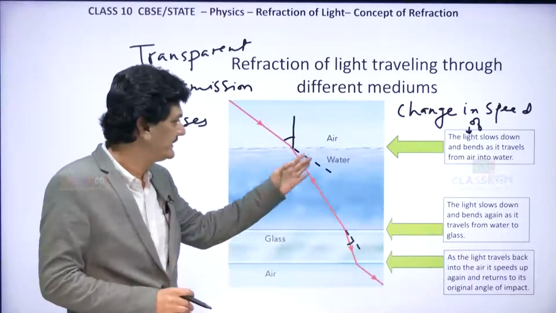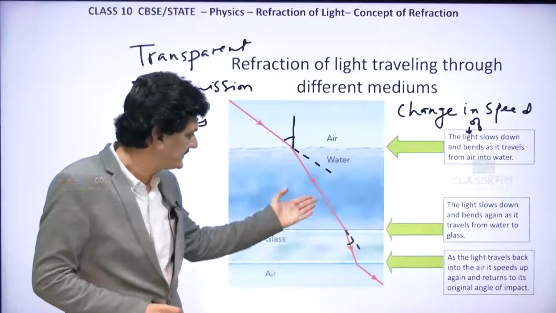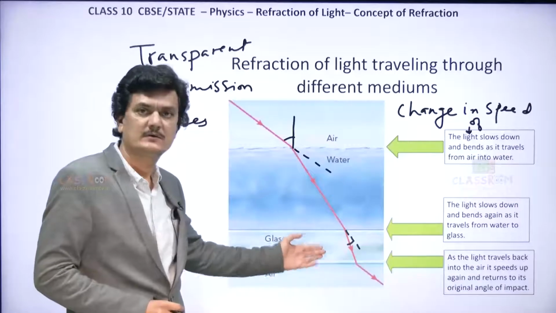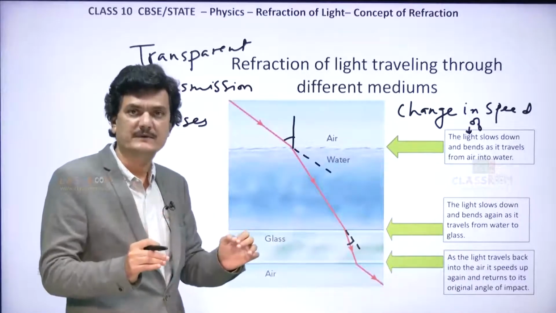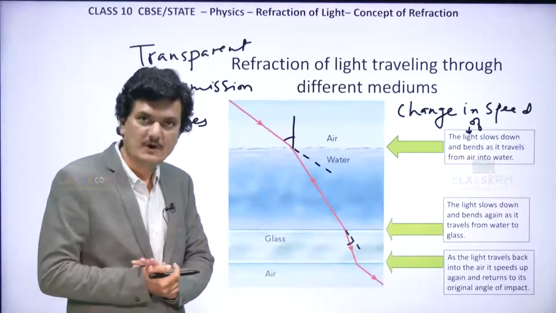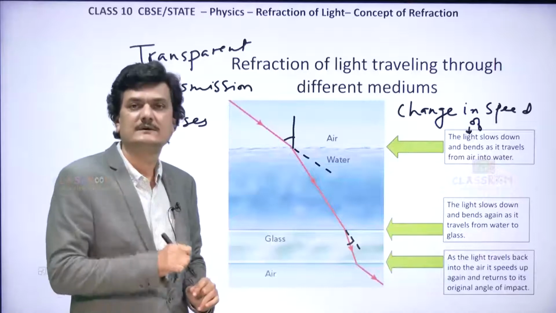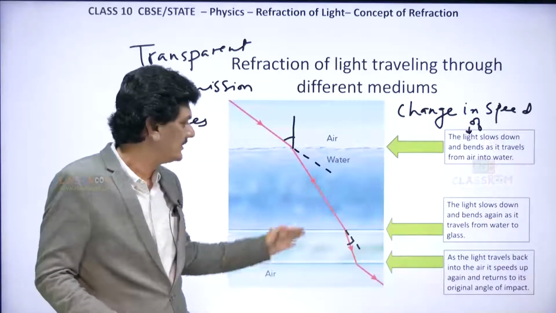It changes only when it enters water from air, or when it is transmitted from water to glass. At the interface the velocity changes once and afterwards remains constant, and at that very instant the light ray also bends.